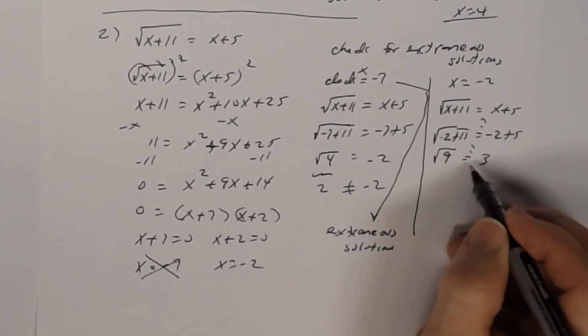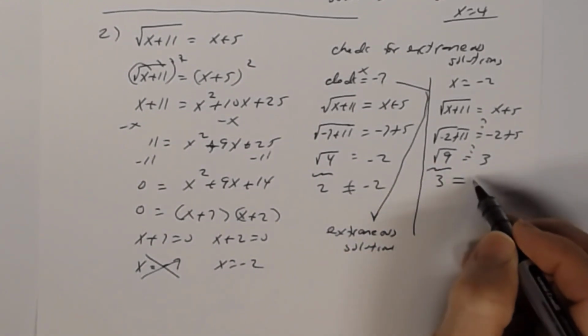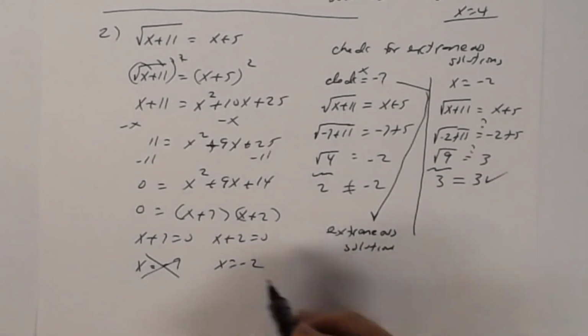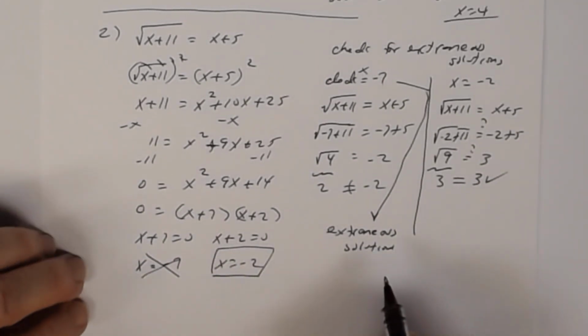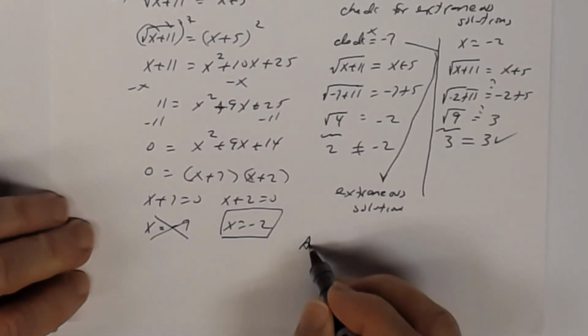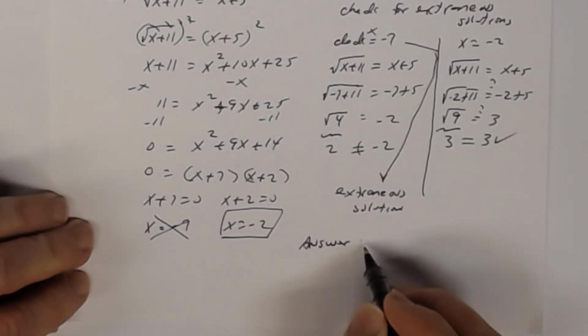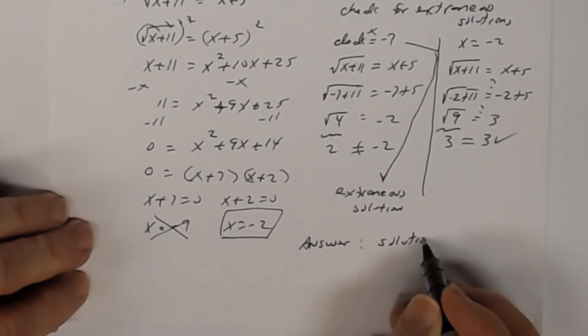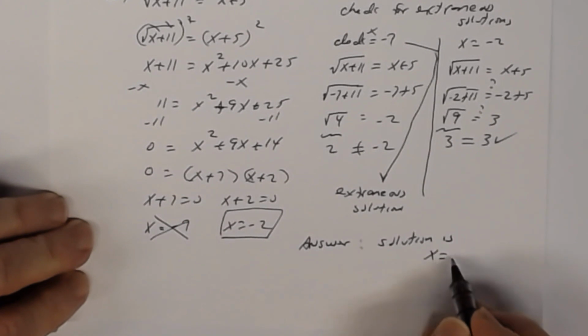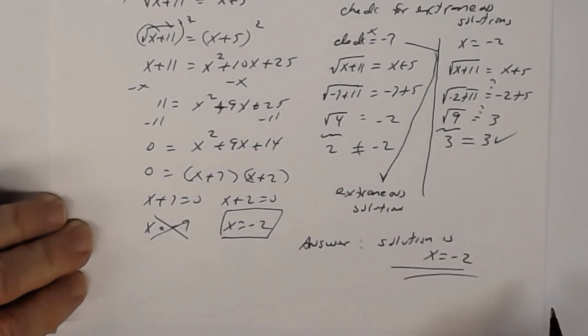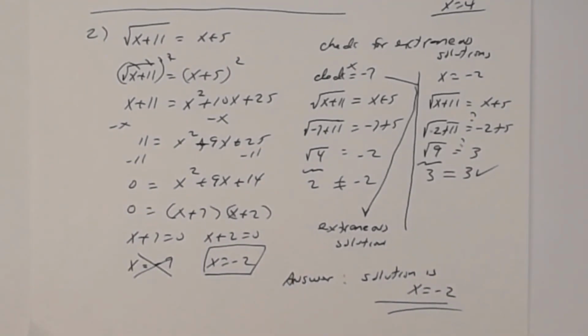On the right side, I get 3, and the square root of 9 is 3, and 3 does equal 3. So negative 2 is the only solution. So your answer, you can say the solution is x equals negative 2. Right, so that's number 2. Okay, let's look at number 3.